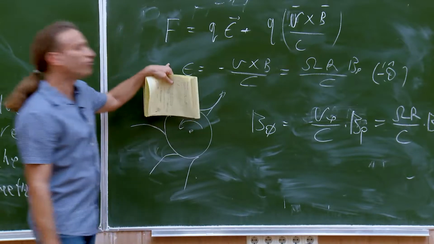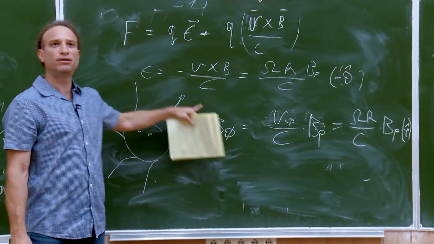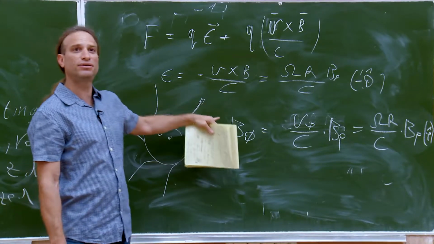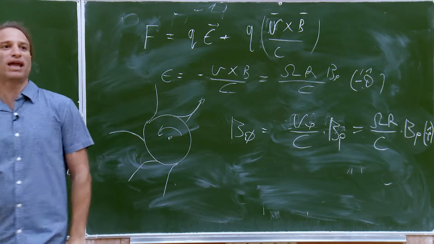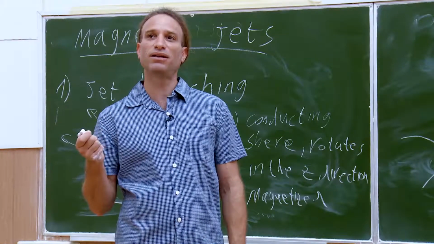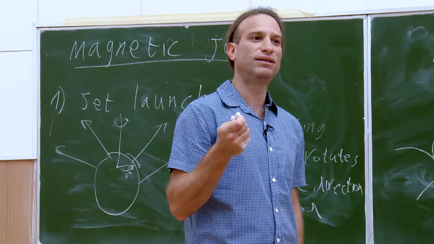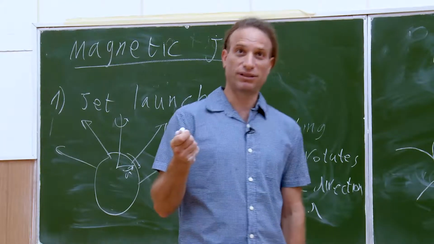So I have electric field. I have toroidal field. Both of them are perpendicular to each other. So what does E cross B give me? A non-zero quantity. What is that? This is a Poynting flux.